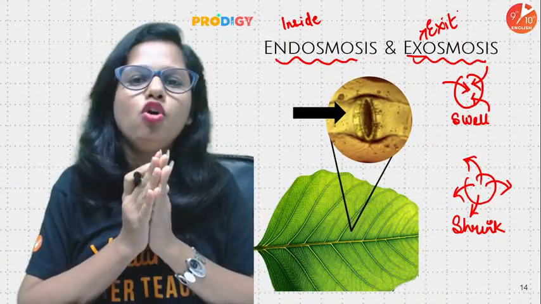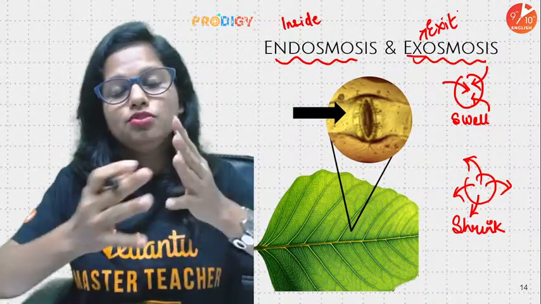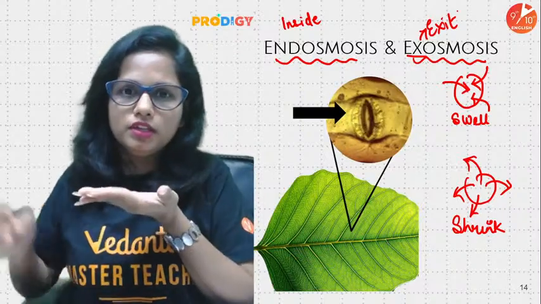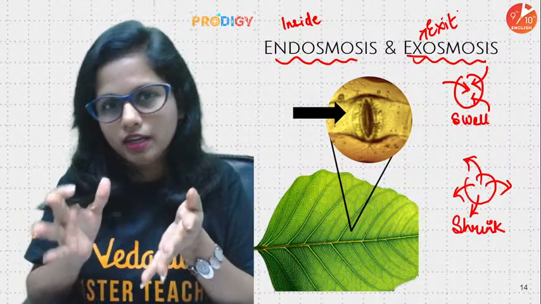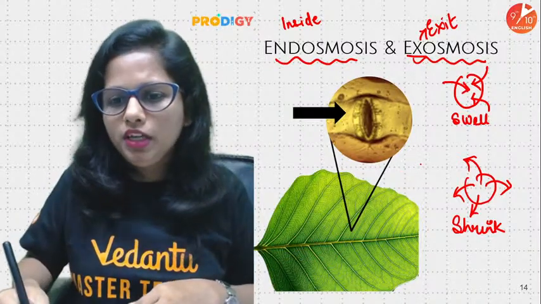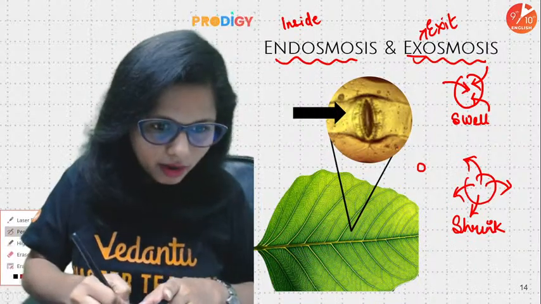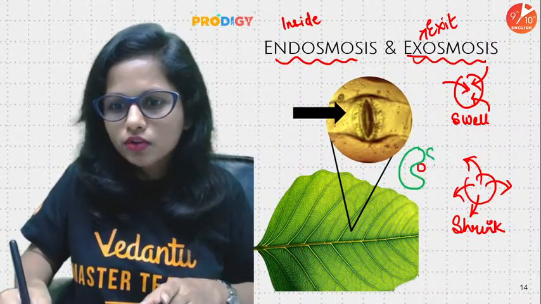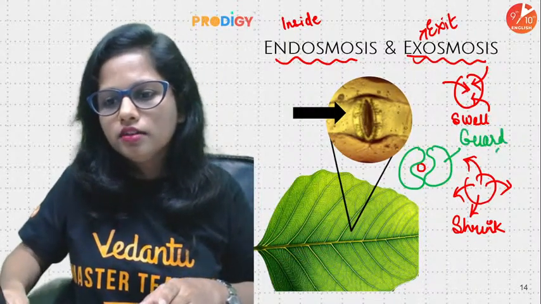So where can you observe this endosmosis and exosmosis? In stomata. On the surface of the leaf, there are tiny minute openings which are called stomata. Now, the opening which is called the stoma is surrounded by two kidney-shaped cells called the guard cells.